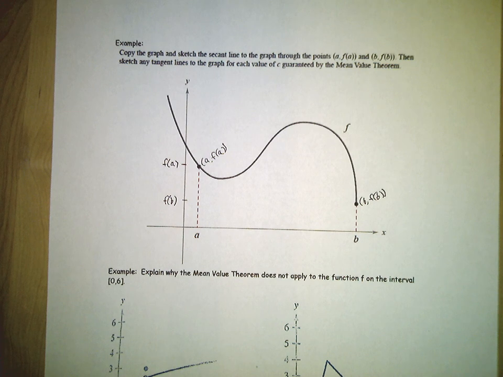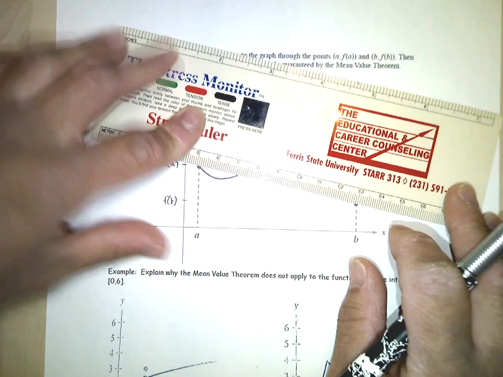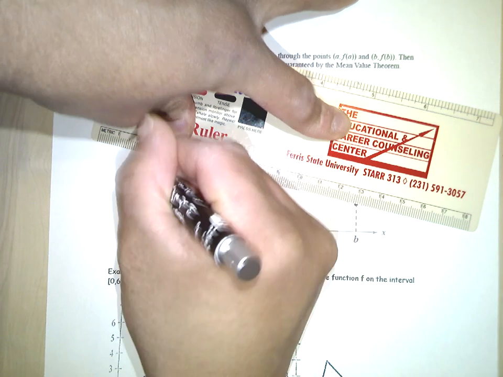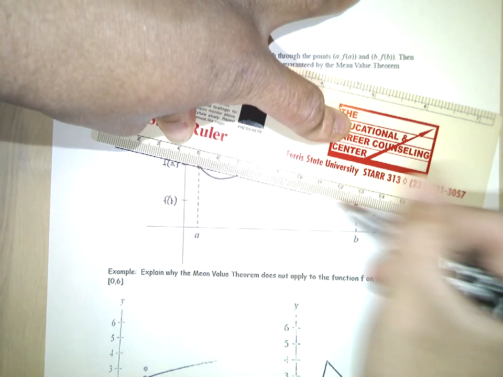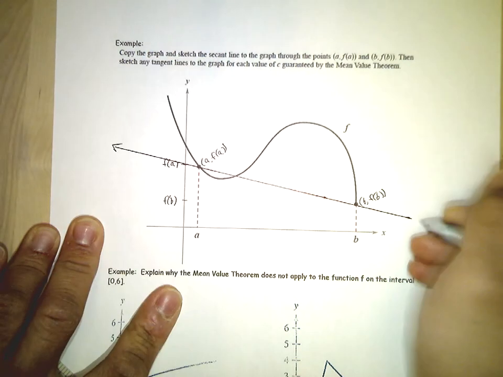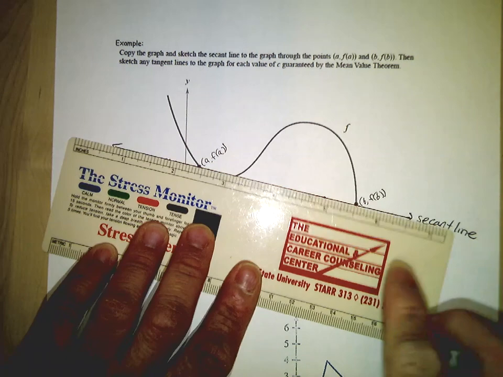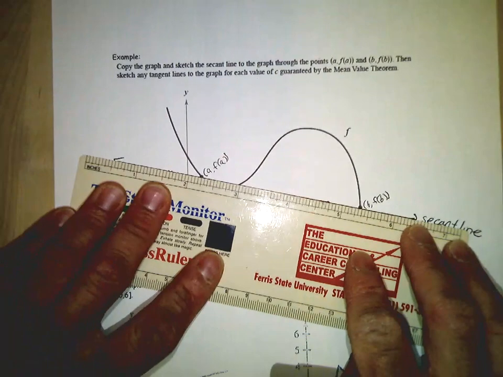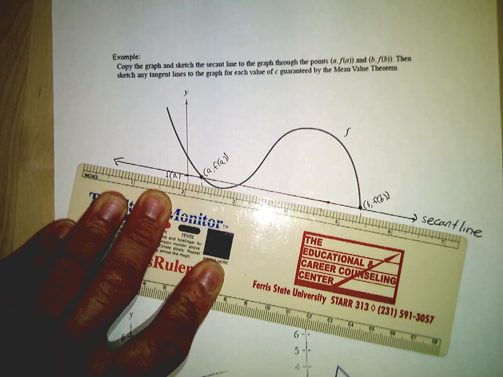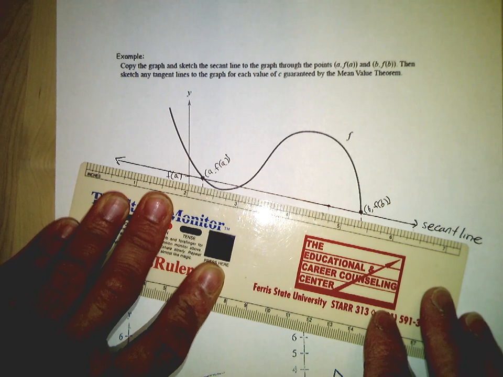All right, so let's draw the secant line through these 2 points here. So here we go. And this, again, is the secant line. And then if I look here, I can indeed find tangent lines to the curve here.